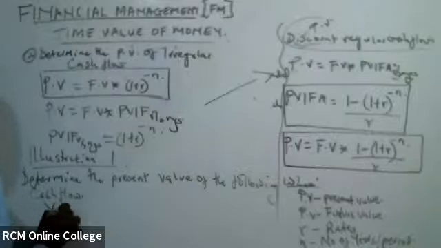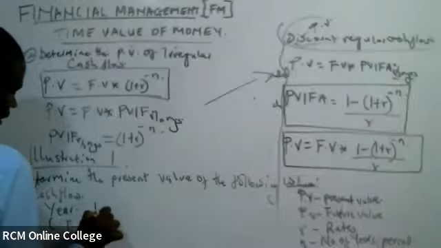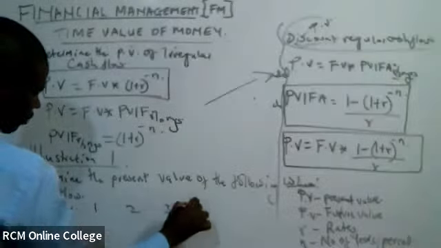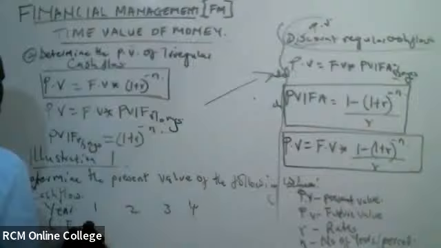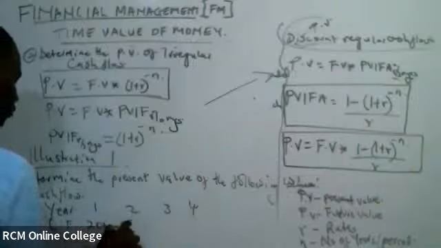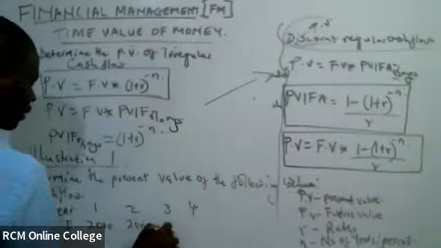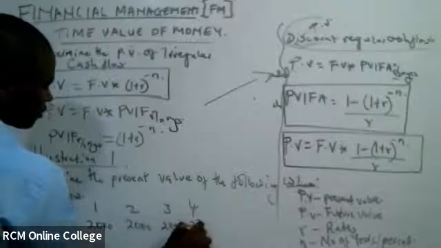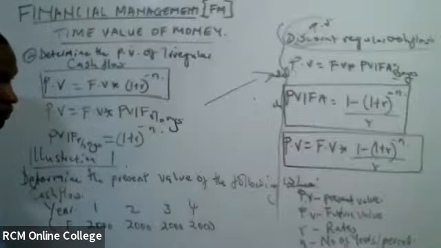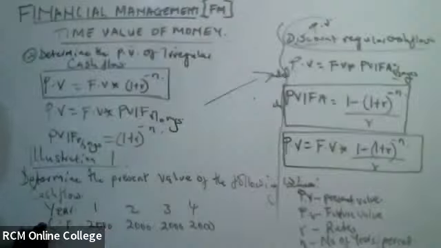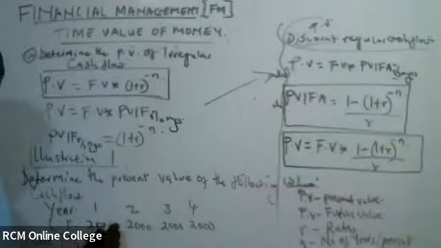You can have here cash flow: year 1, 2, 3, and 4. The cash flow for year 1 is 2,000, 2,000, 2,000, 2,000. Use 10% as the interest rate.